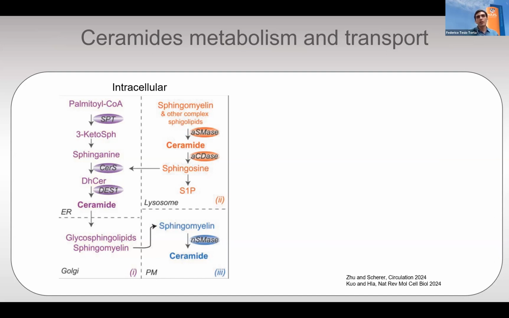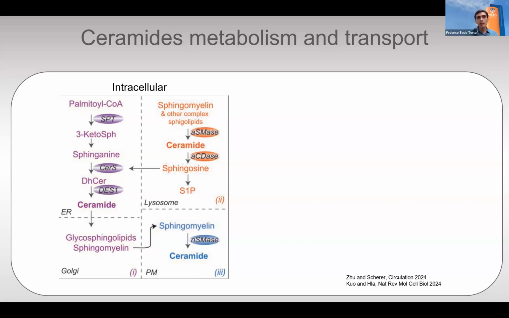The disruption of this ceramide metabolism affects their cellular levels locally, but also in circulation. And in the circulation, sphingolipids are present in lipoproteins, including chylomicrons.